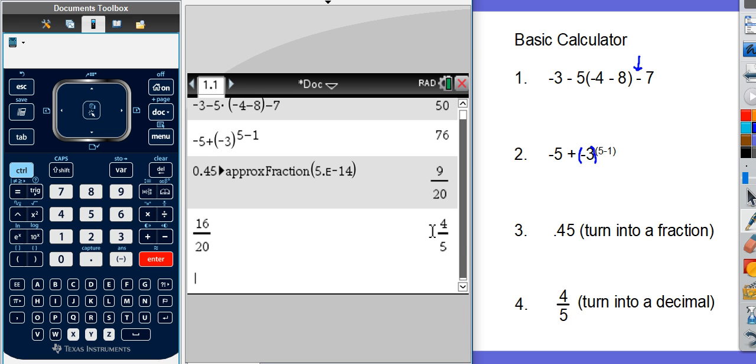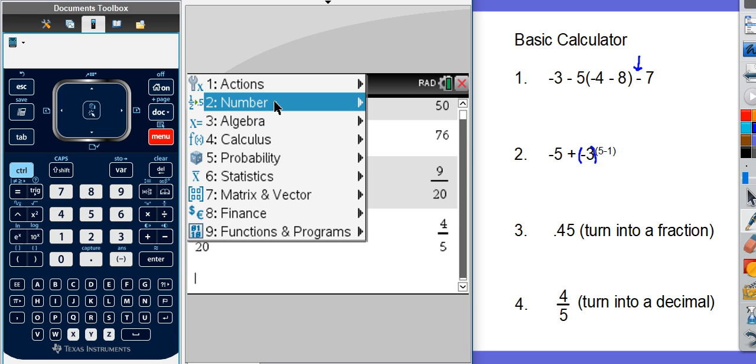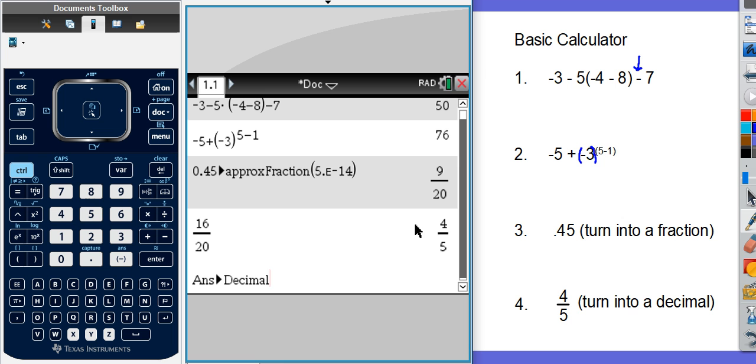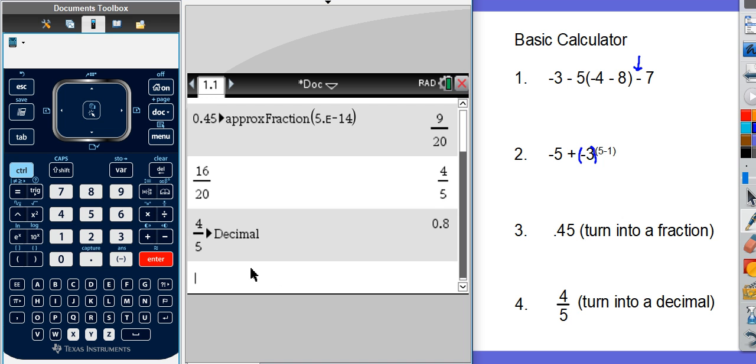And so then if you want to take this right here and turn it into a decimal, now I could retype this in, but if I just go to menu, go back to number, and I'll say I want to convert it to a decimal, it's going to take my previous answer and convert it to a decimal. We've got 0.8.